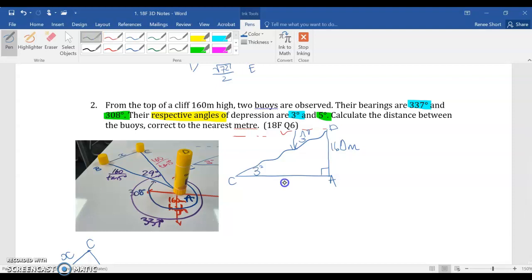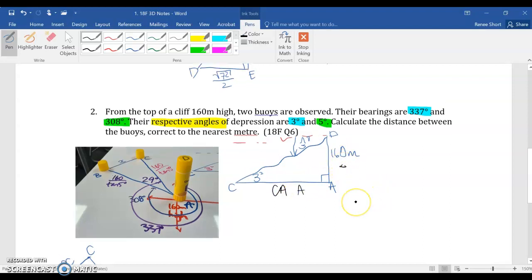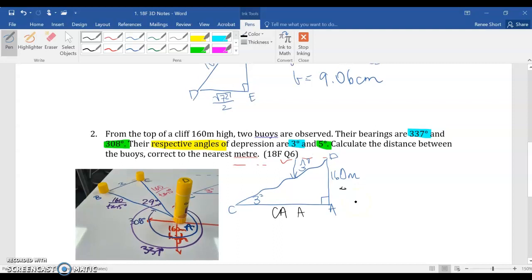Now looking at this, I want to find CA, and it's a right angle triangle, so I can label this with O and A so I can use SOHCAHTOA. And if that's the case, I'm going to be using tan. So we're going to say here that tan of 3 degrees is equal to my opposite 160 over my adjacent, which is CA. And if I rearrange this now, that tells me that CA is equal to 160 over tan 3 degrees.